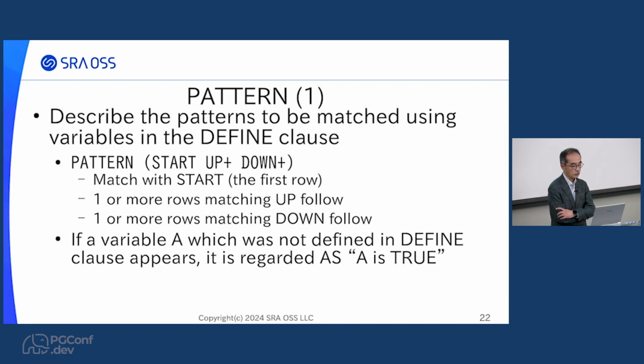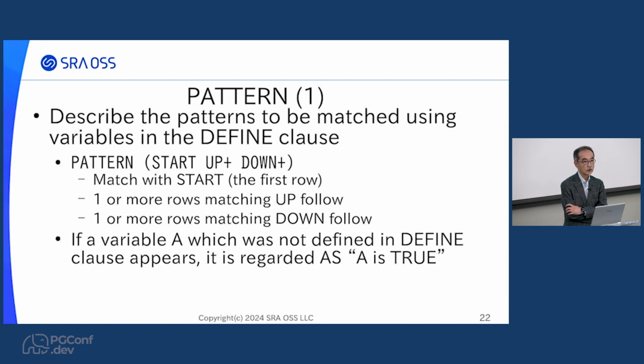Next is the pattern clause. This describes the pattern to be matched using the pattern variables already defined in the define clause. We already saw some examples as well, like the pattern start up plus down plus.